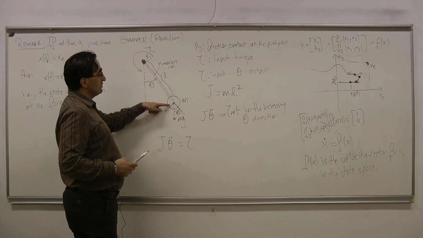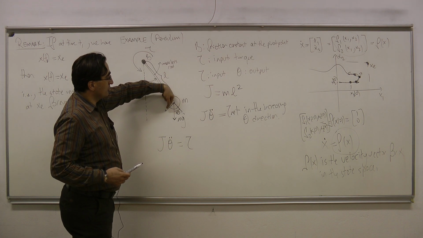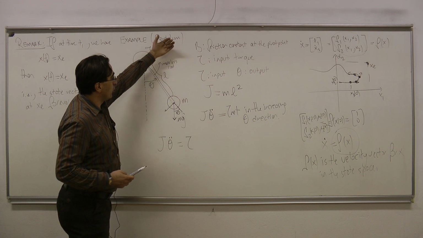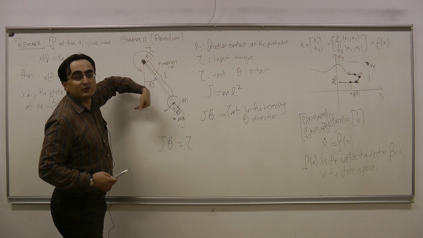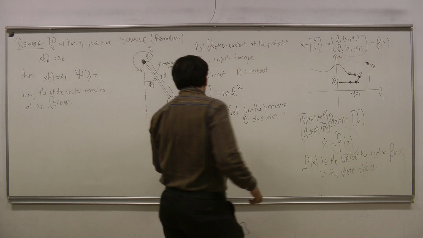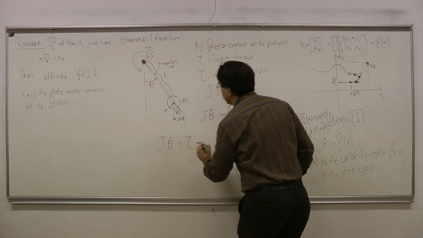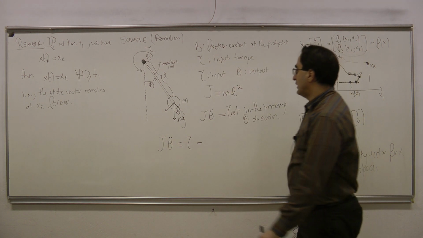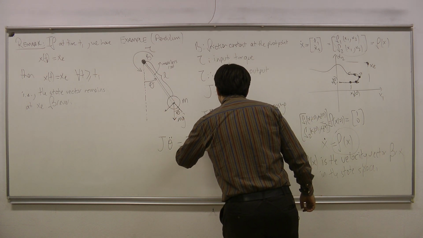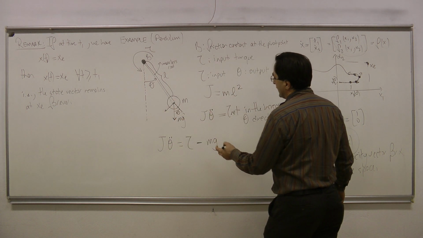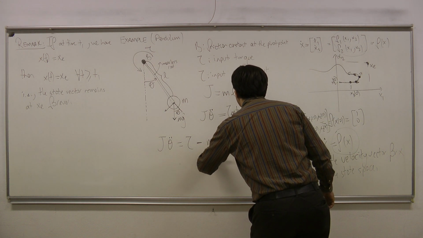But you see that this force is going to create a torque in the other direction, in the clockwise direction. Okay? So that means that I'm going to put here a negative sign, and I will write this component of this gravity force here. It is mg times sine theta.